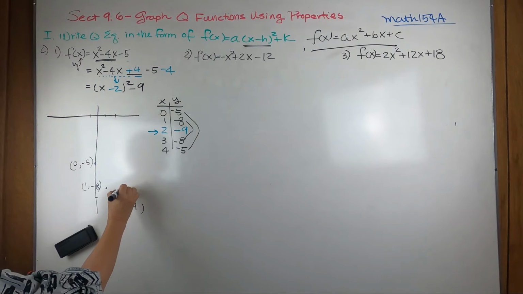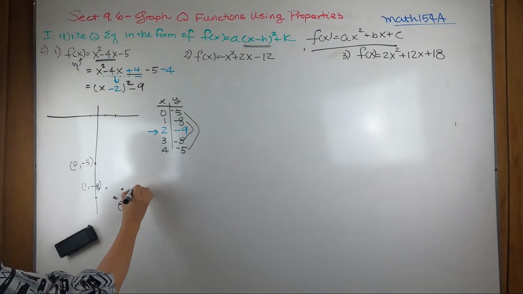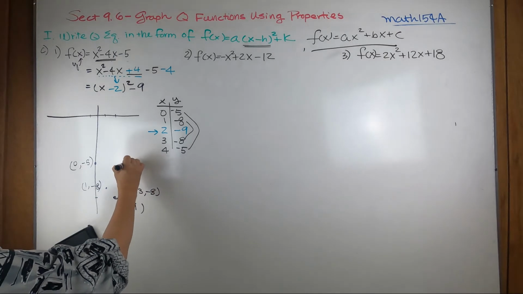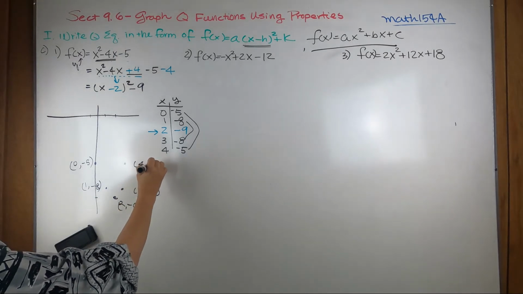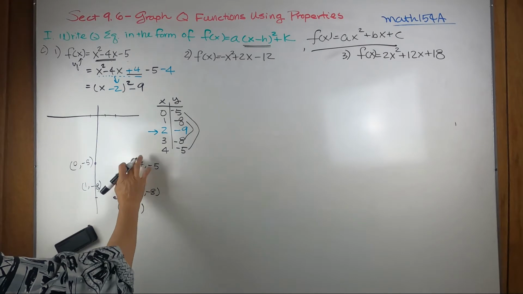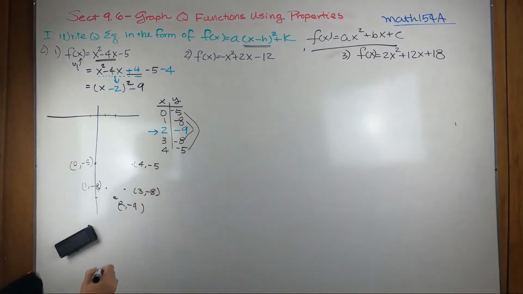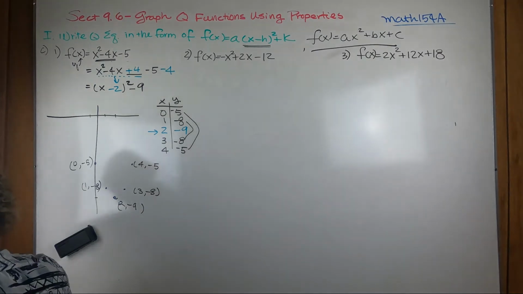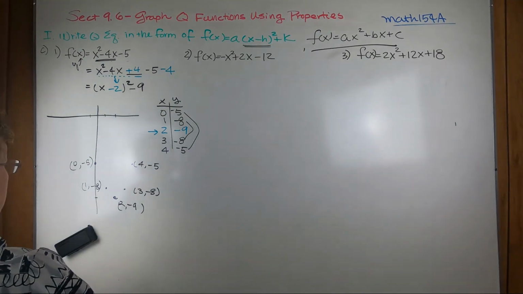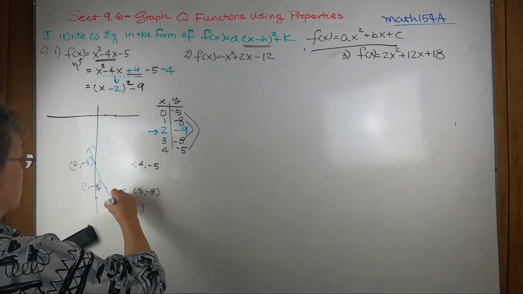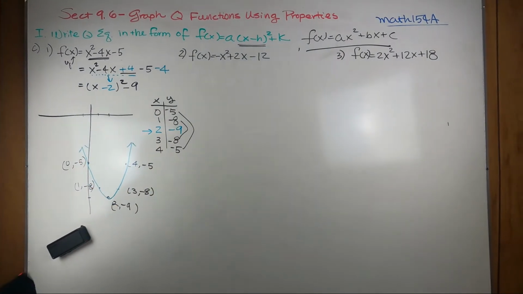Then this one will be 3, negative 8, and 4 and negative 5. So the graph will look like this. Opens up, right?